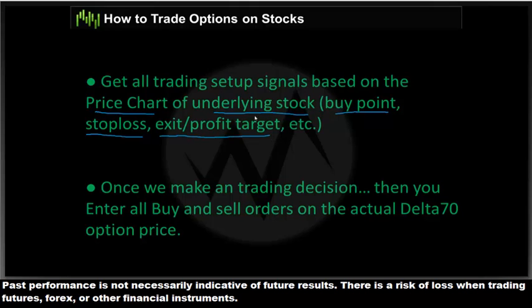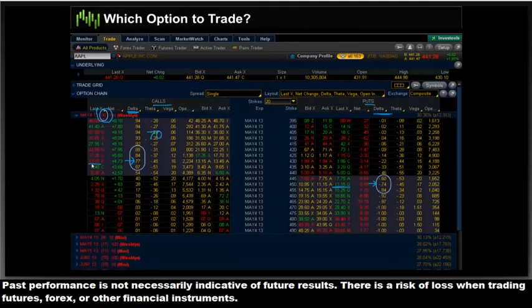Everything's based on the price chart of the underlying stock. Once we commit to making a trading decision and buying or selling a position, then you enter all buy and sell orders on the actual Delta 70 option price. Remember, I showed you that in the options chain. This is what I'm going to be buying, and this is what I'm eventually going to be selling. Okay?